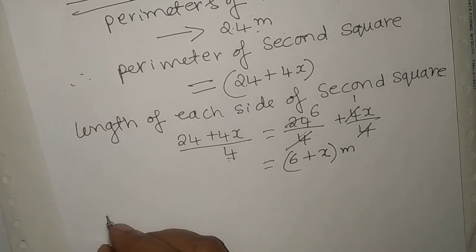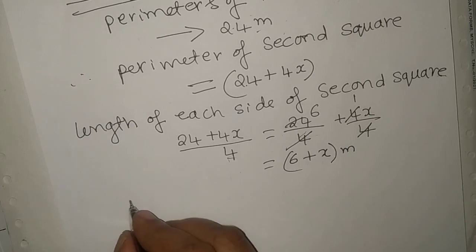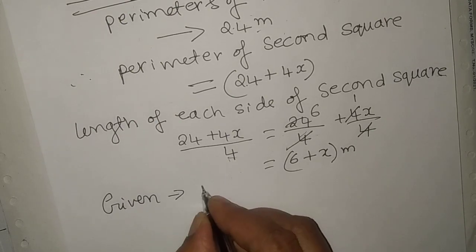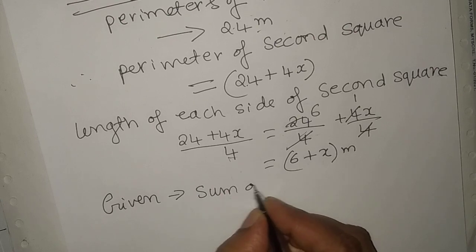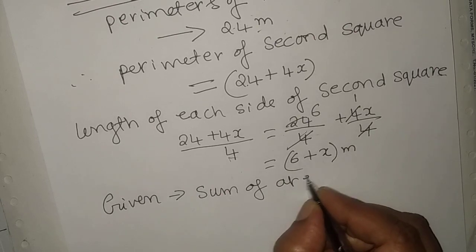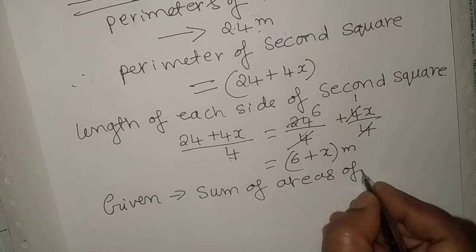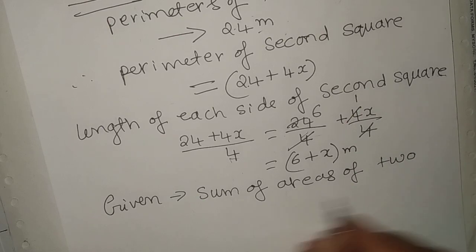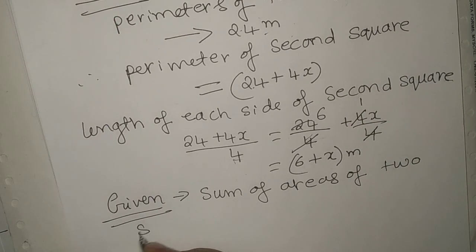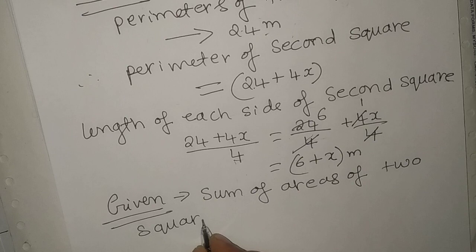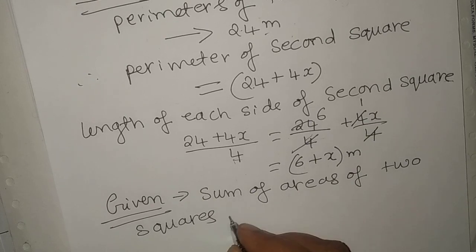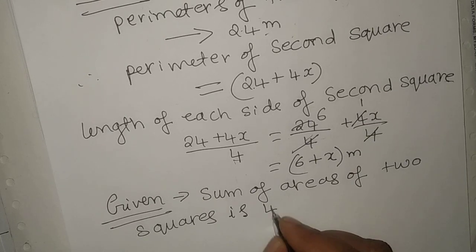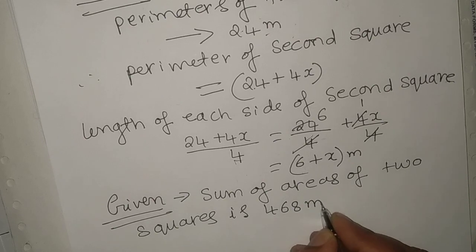Next, the sum of the areas of the two squares is again given as 468 meters square.